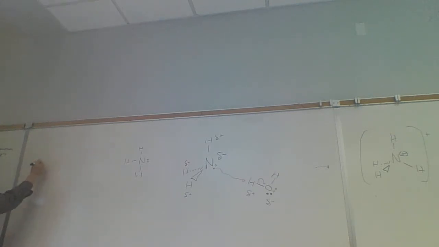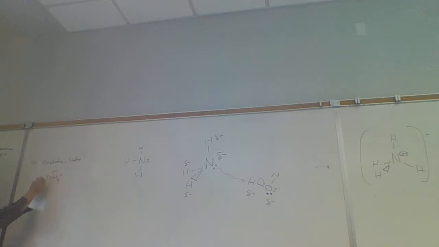2, oxidation state. What's the oxidation state of nitrogen and hydrogen? What's the oxidation state? Well, which one do you do first, nitrogen or hydrogen? Hydrogen. Hydrogen's going to be +1.